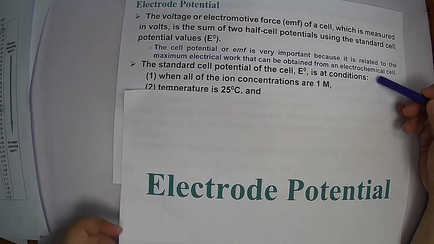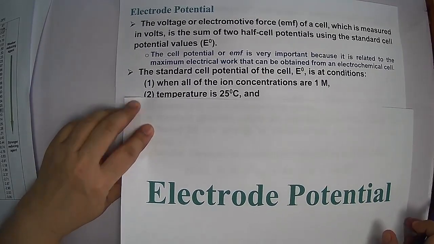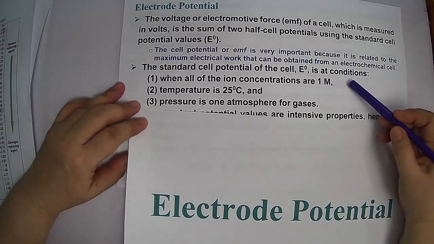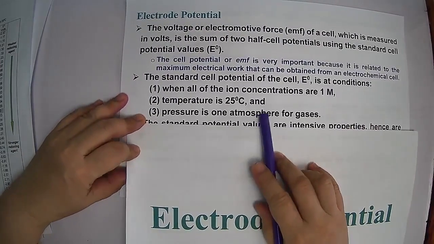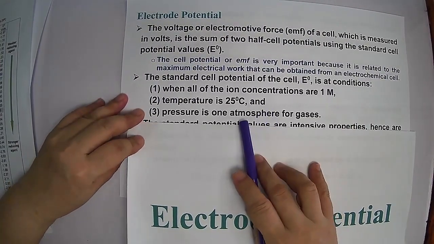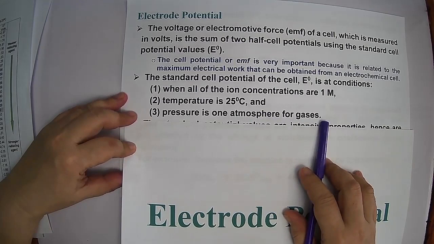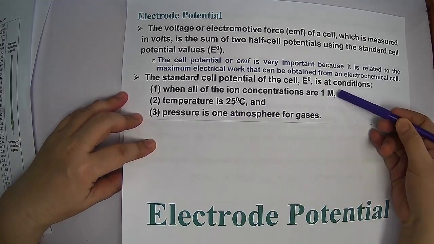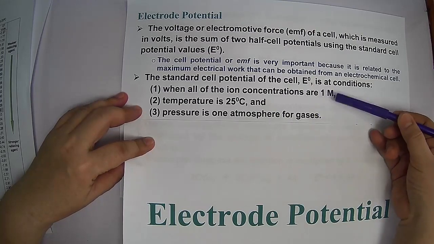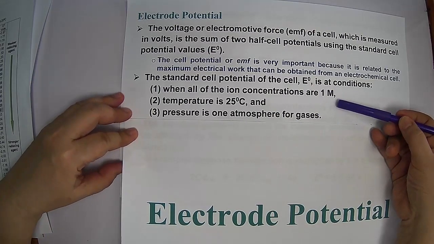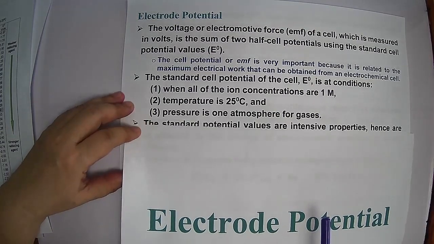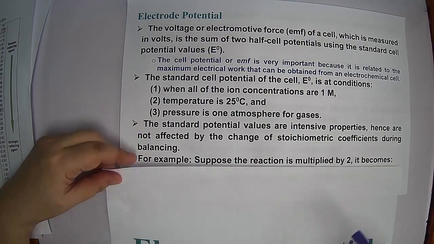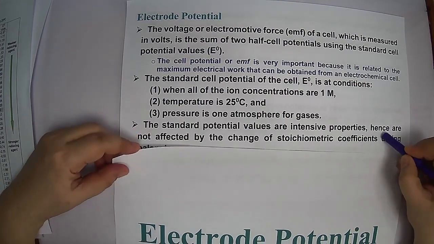This is at the condition that all ion concentrations are 1 molar, the temperature is 25 degrees Celsius, and the pressure is 1 atmosphere for gases. If the condition is not met, then we have a non-standard condition, which will be our next topic later.